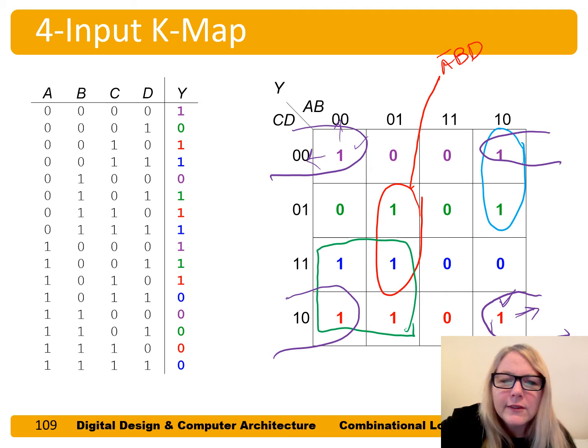And now we have this green square here. This has the true and complement form of B, so we don't include that in our equation, but only the complement form of A. So we get A bar. And it has only the true form of C, but the true and complement form of D, so we don't include D in our implicant.